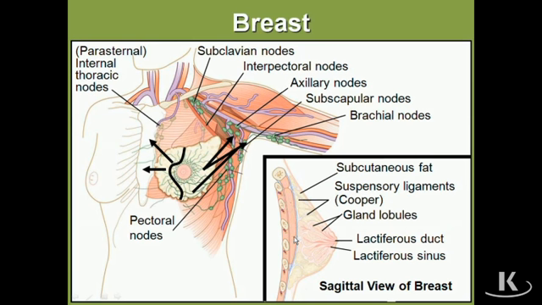This would be the pectoralis major muscle. And then that thin bluish line that we see there is the deep fascia covering that muscle. So between that deep fascia and the skin, everything in between would, by definition, be superficial fascia. So we see, therefore, that the breast is entirely within the superficial fascia.